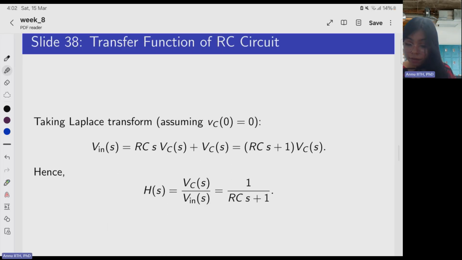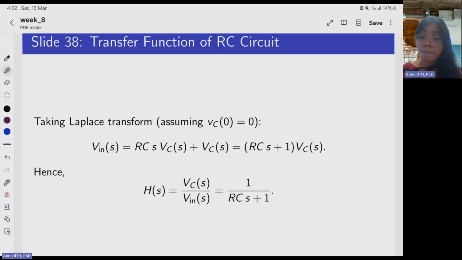Taking the Laplace transform, assuming VC of 0 is equal to 0, where V input can be written as RC s VC of s plus VC of s, which is RC s plus 1. So it's simple. Solving for the transfer function, you get 1 upon RC s plus 1.